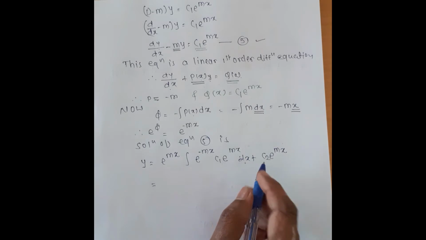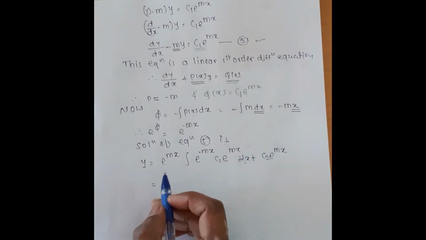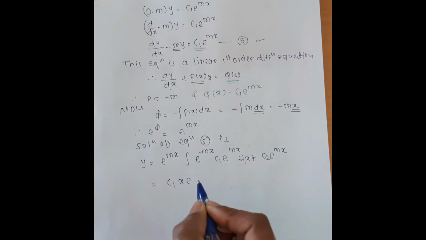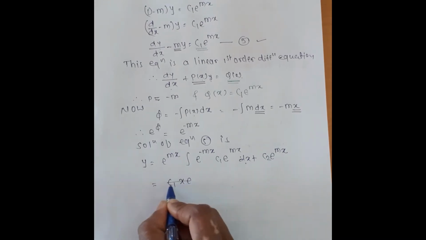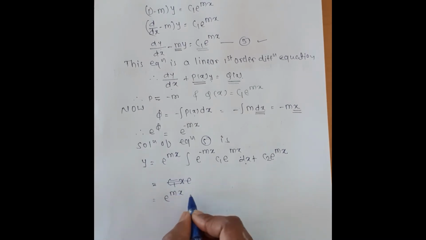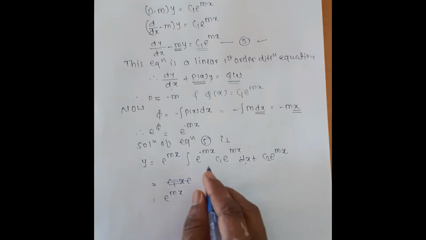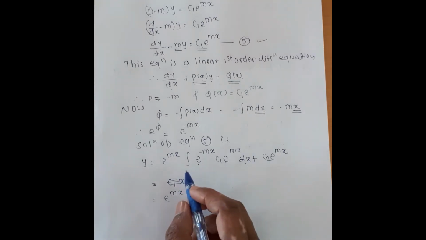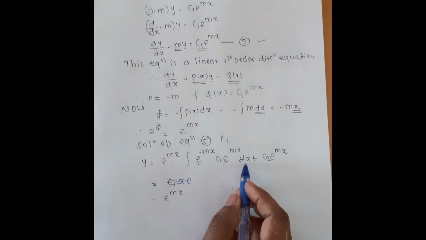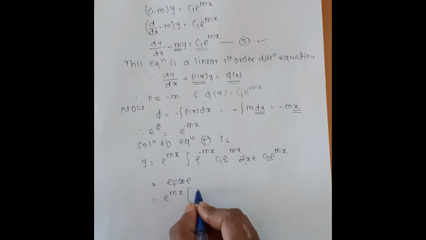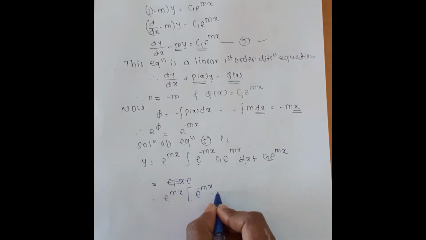And c2 is outside. Then we write c1 x into e raised to mx, first solving this quantity: e raised to minus mx into e raised to mx.